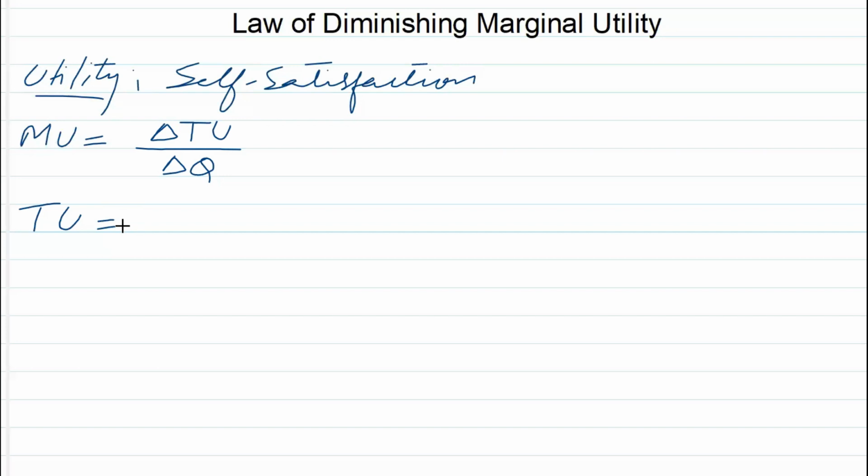If we consume the first unit, we get marginal utility from the first unit, so we will add it, and by consuming the second unit we will get marginal utility from the second unit, and if we consume another unit, we will also add the marginal utility of the third unit, and so on. So this will give us the total utility by adding the marginal utility of each unit.